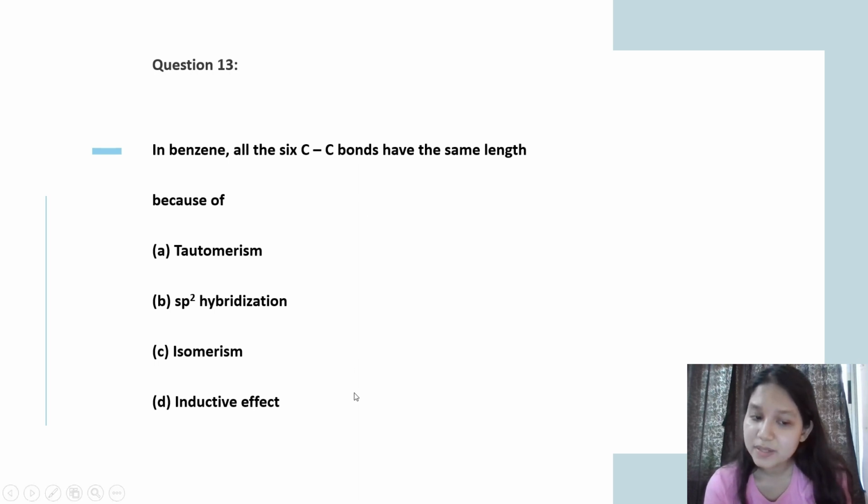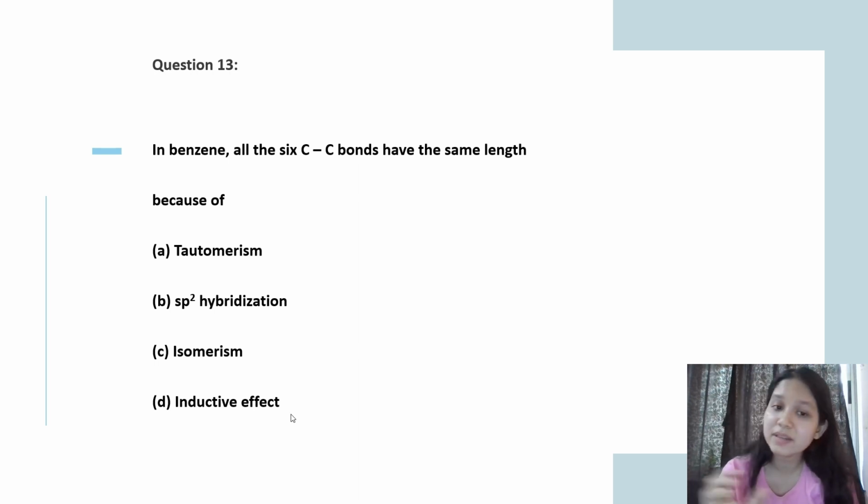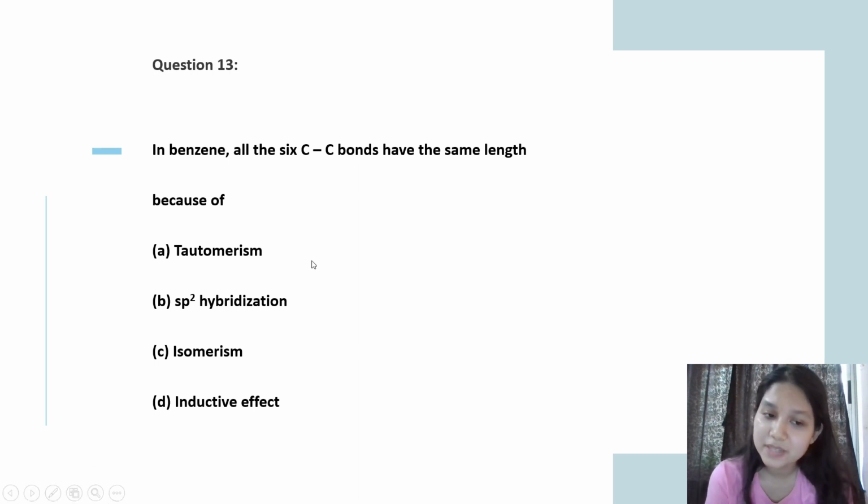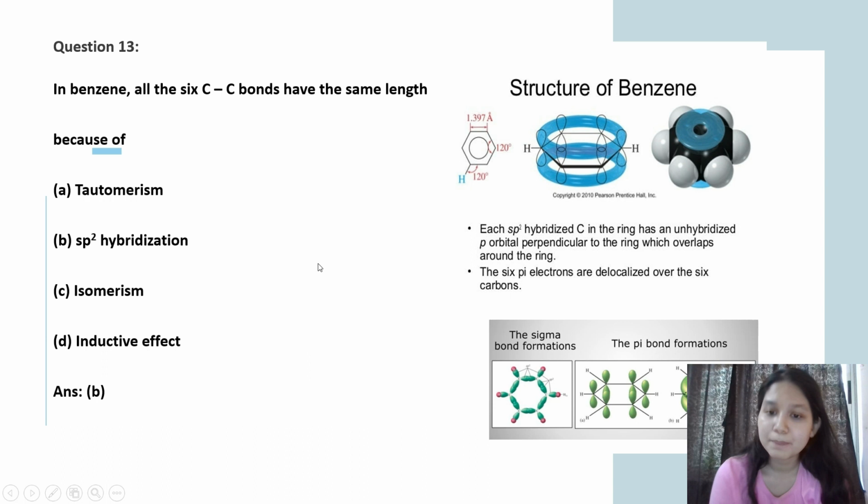Similarly, isomerism and inductive effect: although we can see inductive effect partly in the benzene molecule, the six similar length carbon-carbon bonds found in benzene are not due to isomerism or inductive effect. It is due to sp2 hybridization present in the benzene molecule.